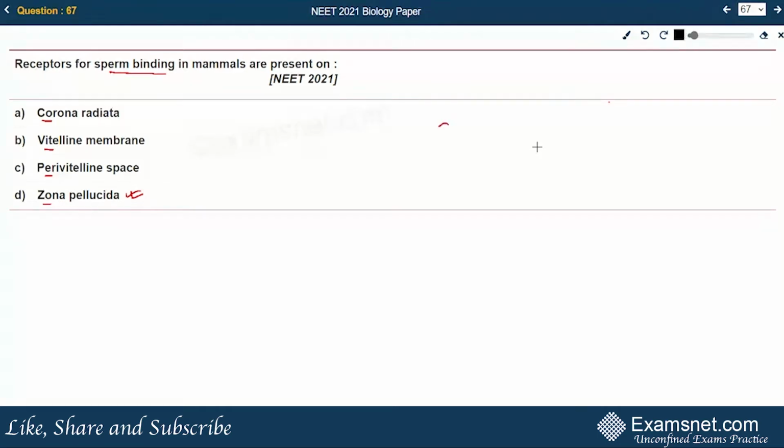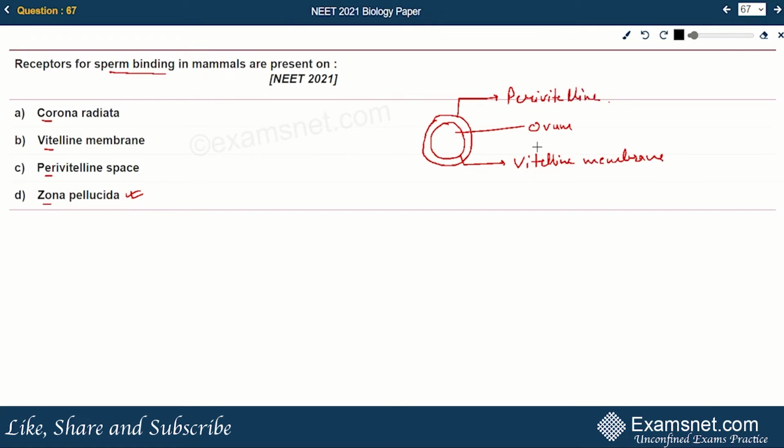Let's have a look at the structure of an ovum. Suppose this is an ovum. This ovum is lined by a membrane which is known as vitelline membrane. Now there is a space outside this vitelline membrane, and this is known as perivitelline space, because peri means around, and since it is around the vitelline membrane, it is known as perivitelline space.